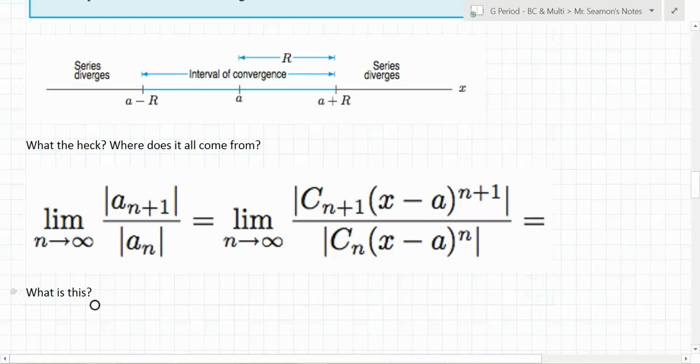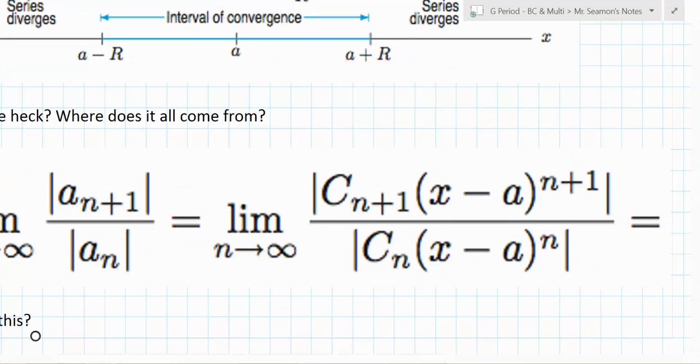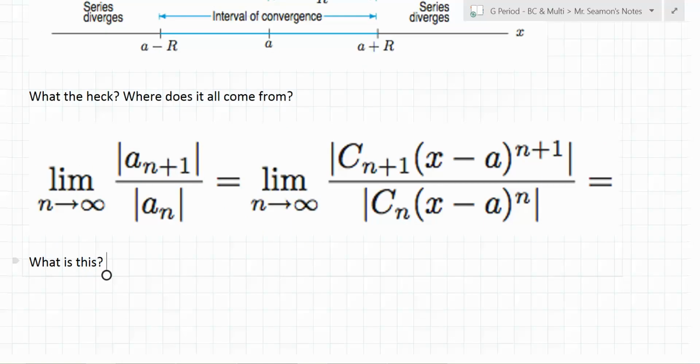Here, what the heck is this? You probably saw this and you're like, man, we get to deal with letter soup. What is this? That is the ratio test, right? So what's this thing being put up here? That's the n plus 1th term, and this is the nth term.